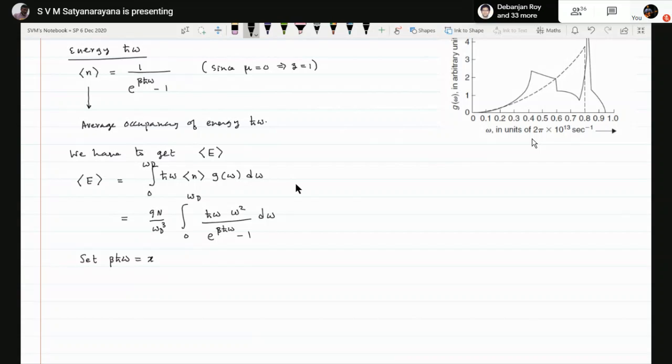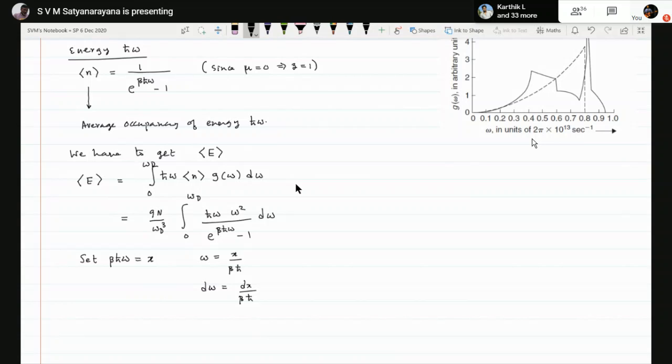Then omega is equal to x divided by beta h cross, and d omega is dx divided by beta h cross.